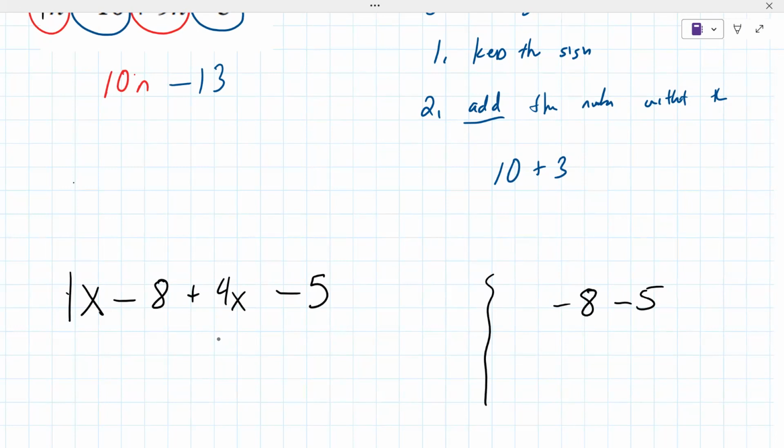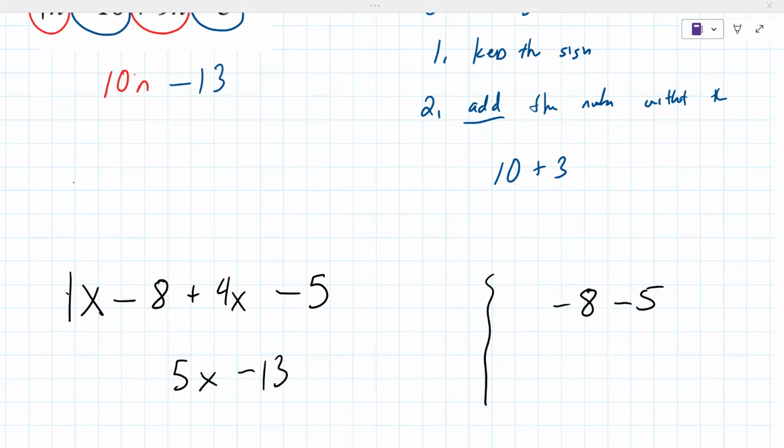Remember, you keep the sign. That's the first rule. And then you add the numbers without the sign. Yeah, so it'd be 13 or negative 13. Yes. Okay, so that is correct.